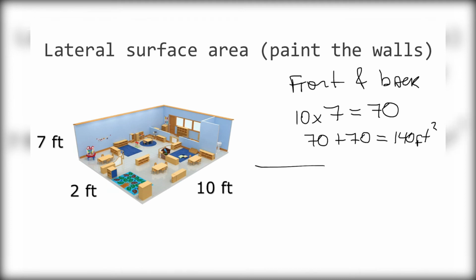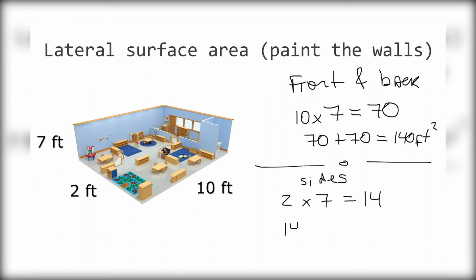Now I'm going to get to the sides, which is going to be the right and left side, and those are going to be given by the measurements 2 times 7, and that's going to be equal to 14, which then happens the same as the front and back.